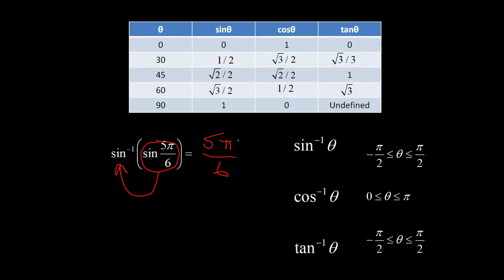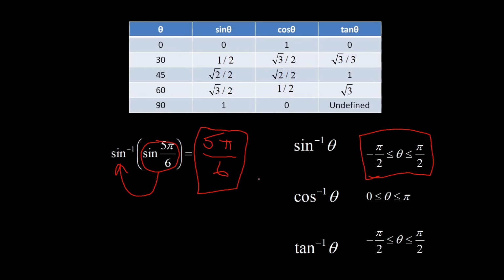However, 5 pi over 6 is not in our domain restriction, which means the inverse sine is not going to output 5 pi over 6. It has to output an angle between minus 90 degrees and 90 degrees.